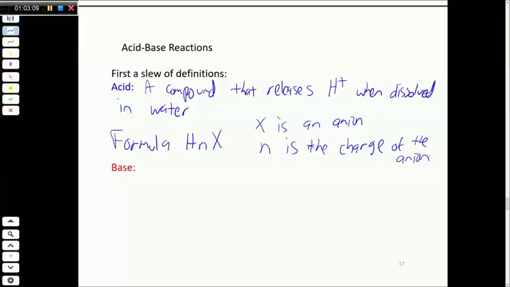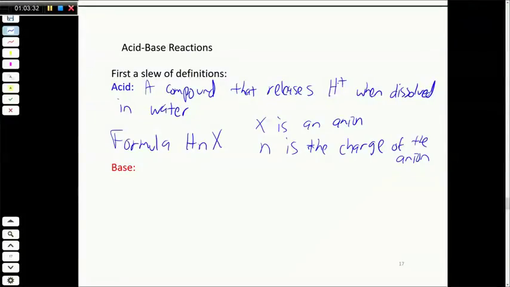So N is the charge of whatever the anion is. We learned how to name these a while ago, so we should be able to recognize them. And now we know from a chemistry standpoint, when we dissolve them in water, they release that H plus into solution. That's what characterizes them as acids. Not every compound that has hydrogen in it will be an acid, but some of those H pluses are able to be released into solution when we dissolve them, and we'll learn which ones those are.